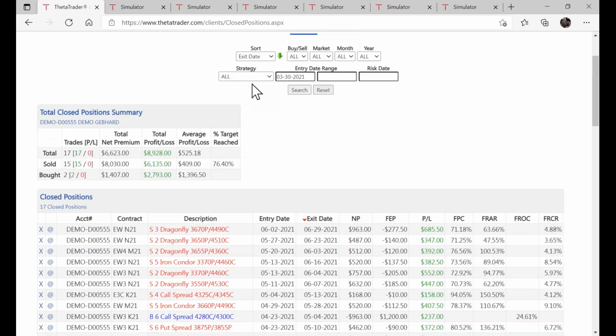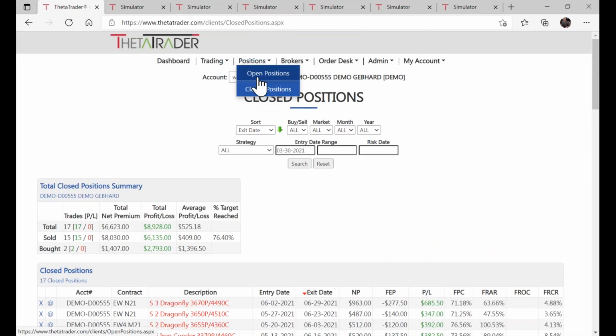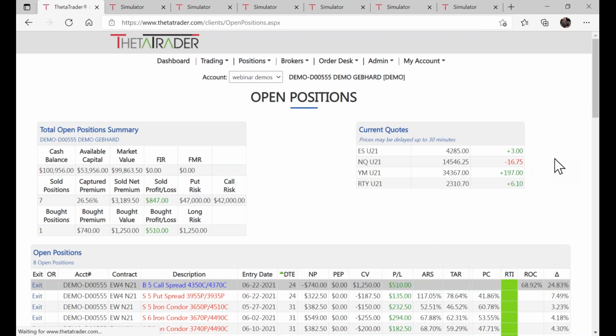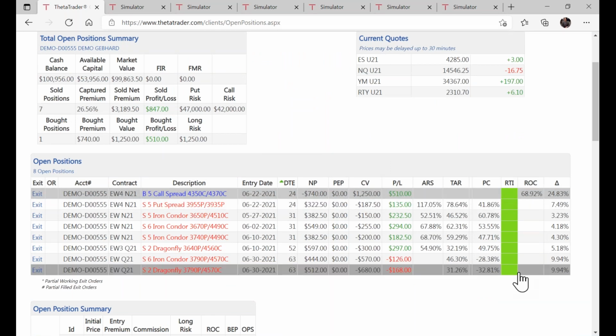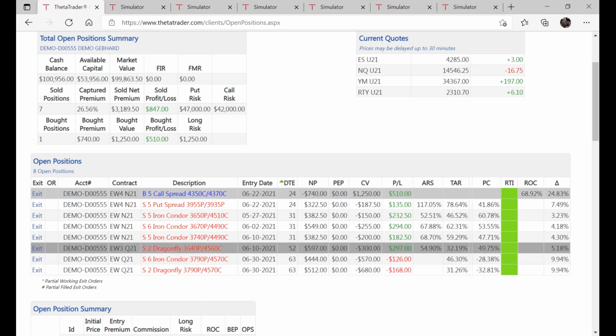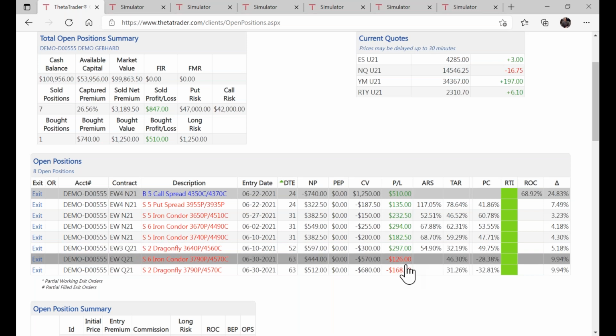And then, of course, if you're looking at open positions, this is what it looks like. You have 7 shorts, 1 long position, and RTI is green, do nothing. You can look at this Dragonfly, for example. Let's see, June. Oh, those are the ones we just placed here and here. So that's why there's still a little negative.